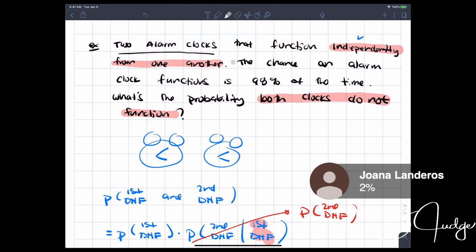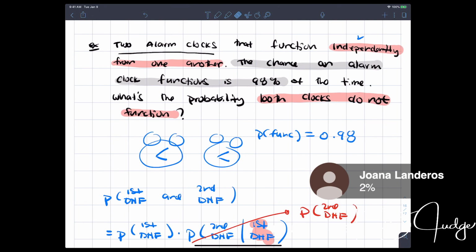The chance that an alarm clock functions, that's working, is 98% of the time. So what that means here is the chance that it functions, probability, and I'll say function, for any clock is 0.98. This is as a probability.